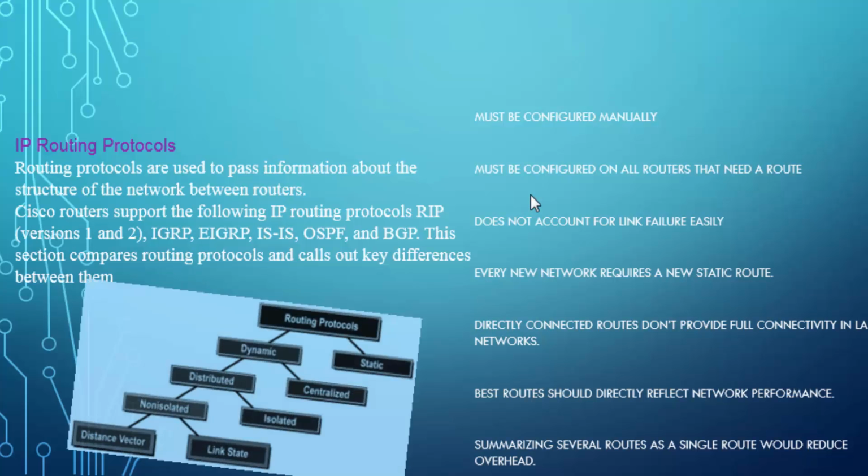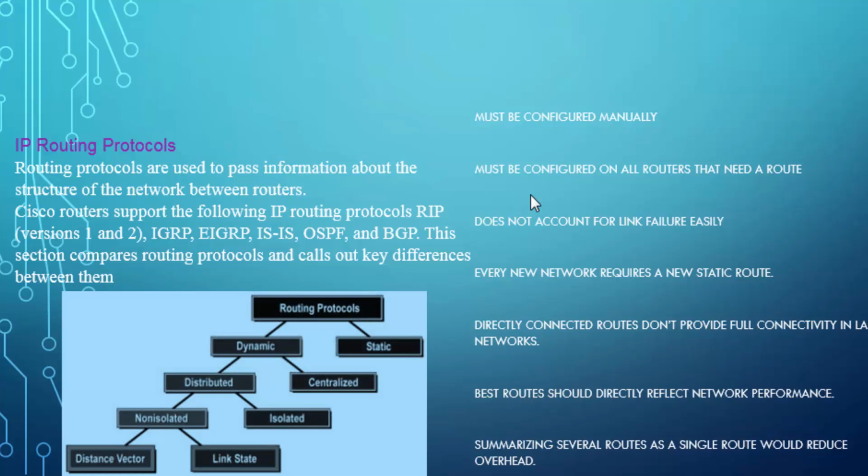So we're going to see a graphic over here of the different routing protocols and the difference between dynamic and static. That is basically how fast they can converge when there is some issue in the network. For example, a link failed, and it needs to find a very fast way to get another link that can connect two different networks.